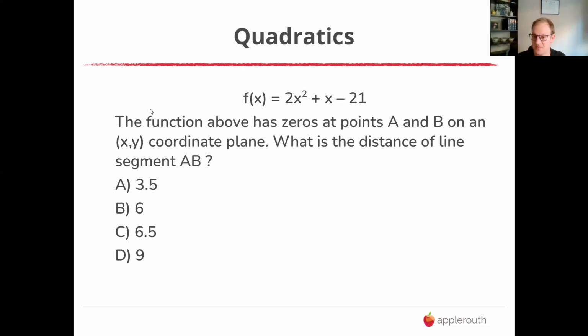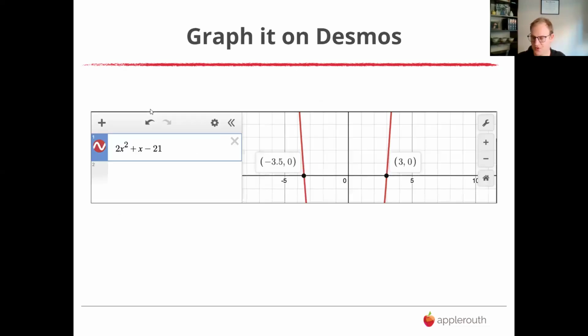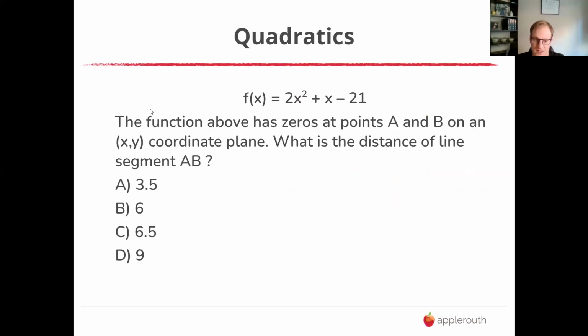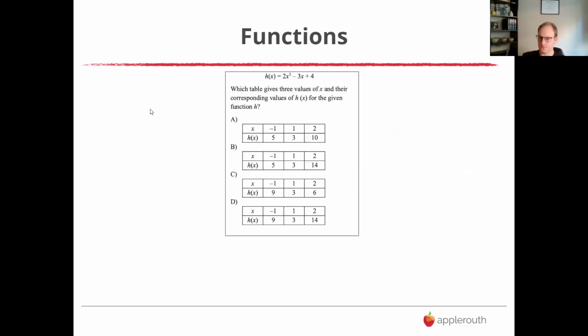Well, the easiest move is going to be graph it and just count, or just look. Here are your true zeros when you graph it, 3 and negative 3.5. Well, what's the distance between those? I just have to subtract the small one from the big one. 3 minus negative 3.5 is choice C, 6.5. Done. All right, we need to have questions like this so that we can take more time and energy on the hardest ones.